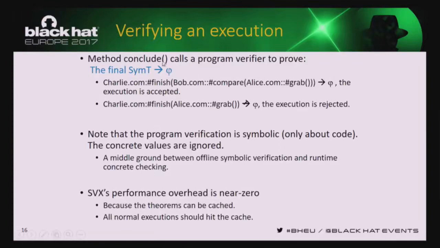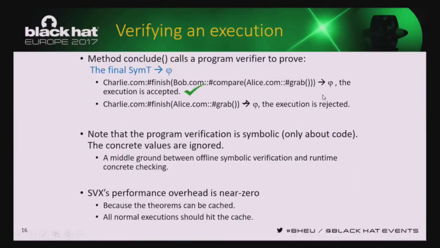Charlie's conclude method simply calls a program verifier to prove that the final SymT implies the property that we want to ensure. So, for example, in the normal execution, if the code goes through grab, compare, and finish, then indeed this sequence of logic is sufficient to imply the safety property.